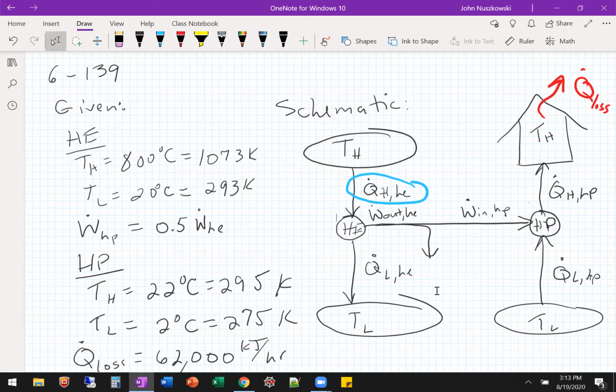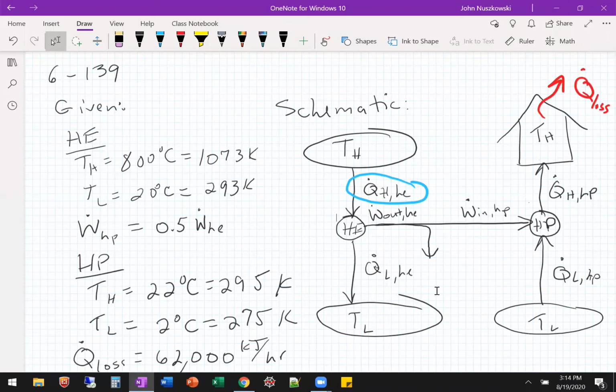So this is on the heat engine, right? So what can we calculate or have equations for or use for the heat engine? I got all day. Well, not all day, but I got part of a day.